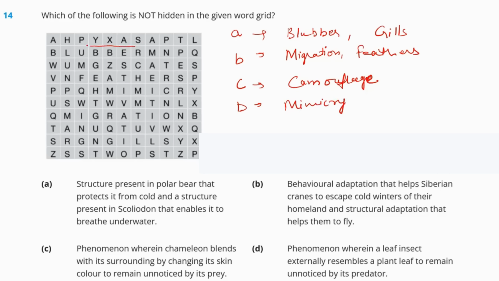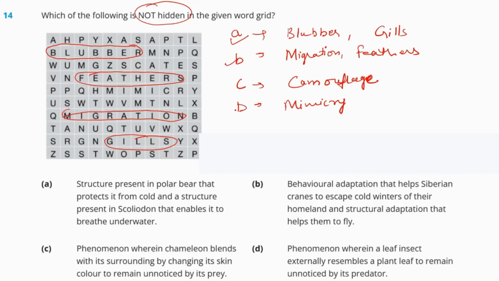Let us find out where we find them. Okay, blubber I see here. Right, gills, I found it here. So option number A is here. We need to find which is not hidden here. We need to find migration and feathers. Migration is here. Feathers we found here, right? So this one is also here.